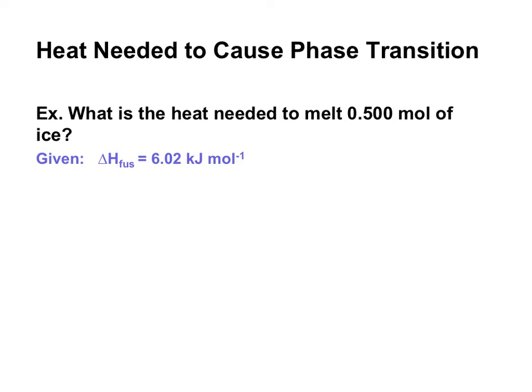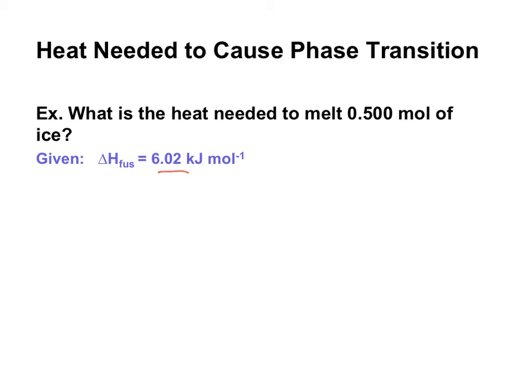The phase transition has an easier equation than the heating. So this is for the phase transition, and we're going to use the equation that delta H of fusion is 6.02 kilojoules per mole.